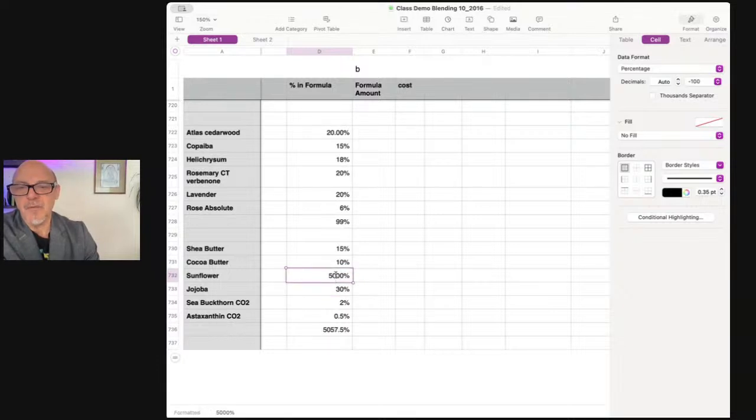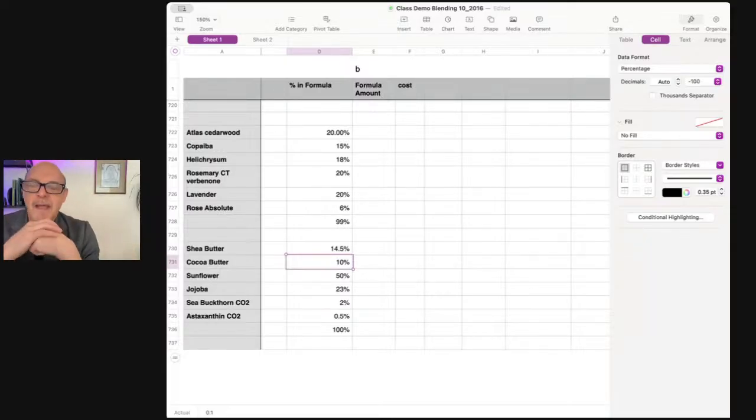Why does that keep doing that? But okay, 50%. I'm going to take away this. I have to do all this math in my head. All right, so now I have a formula that's my serum, okay?